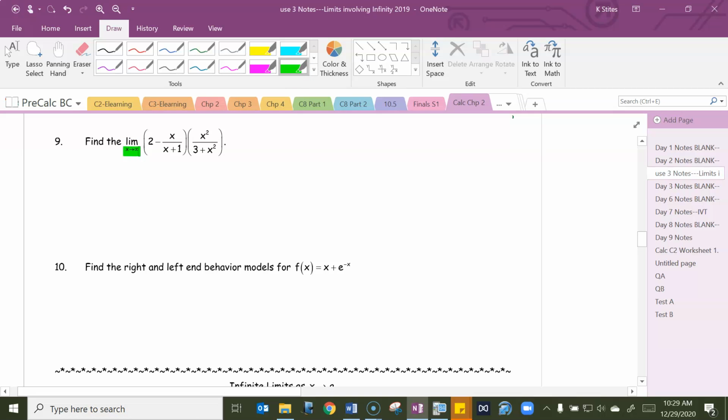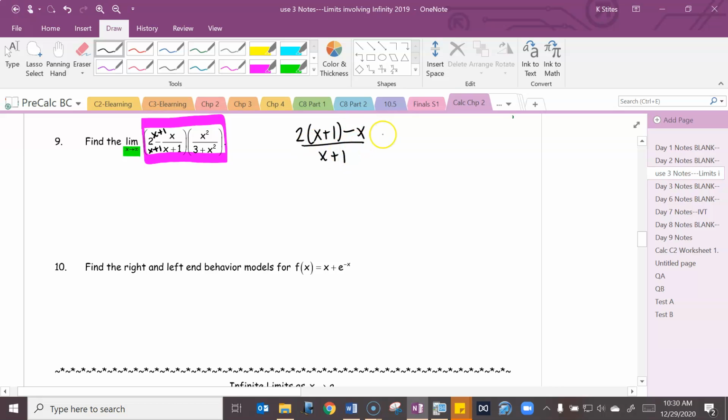What's going to help is if you go ahead and multiply these together, if you do the algebra before you worry about the limits. So I'm just going to come over here. I'm going to start by getting a common denominator for the first one. So I'm going to multiply by x plus 1 on top and bottom. Again, I'm not worrying about my limit notation yet because I'm not actually doing anything with limits. I'm just going to multiply these together.